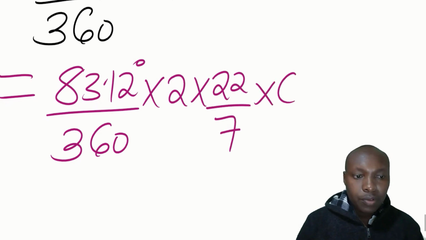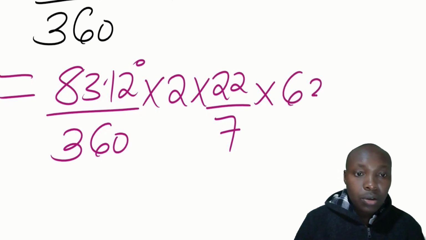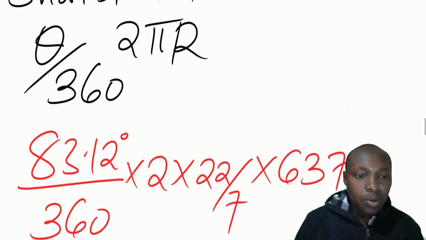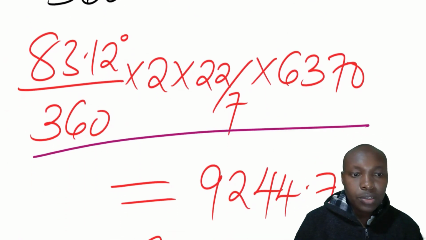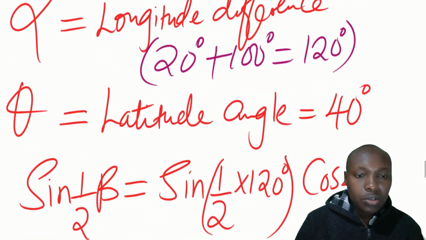We had got these in the previous part. So the second is an easier method, where you just need to recall this formula. Once you do that computation, you get the same answer that we got for the previous part, which is 9245.